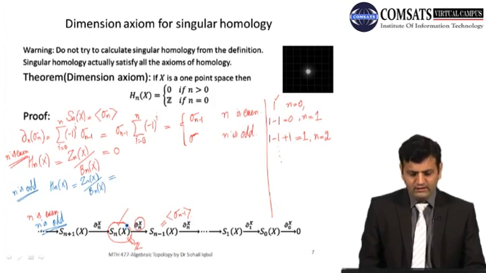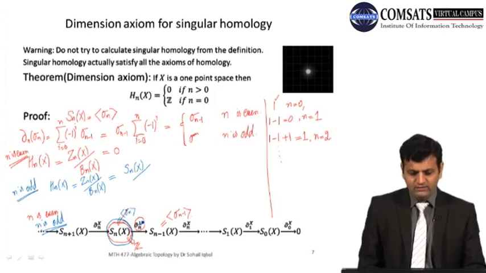If n is odd, then of course S_n(X) is a free abelian group of rank 1, generated by the element sigma n. The boundaries of the elements of S_n are going to be 0. So everything is going to 0. In other words, the cycles are just S_n(X), since everything is going to 0.